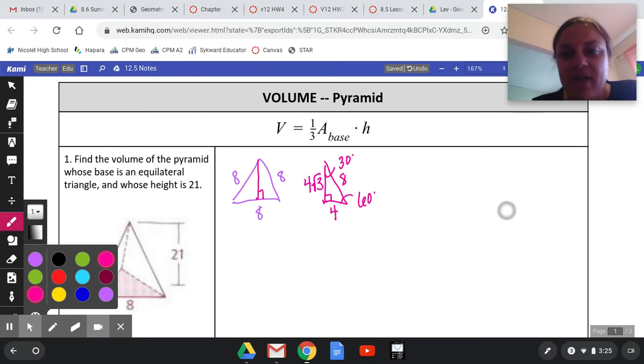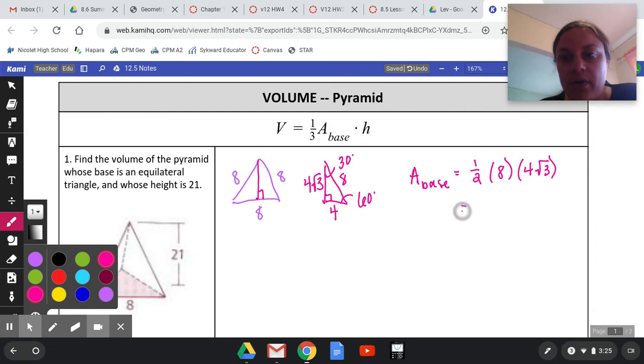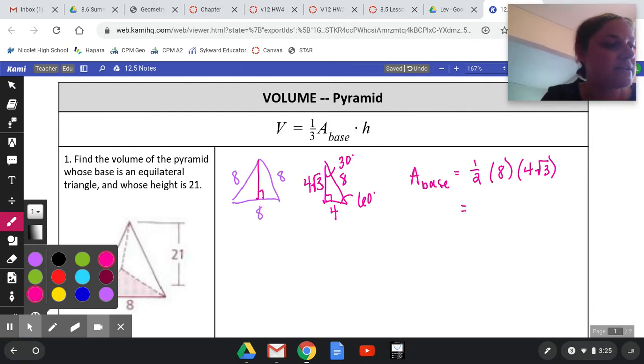So to find the area of that, I would take area of base is equal to 1/2 times the base of the full equilateral triangle, which is 8, and then the height of that equilateral triangle is 4√3. Okay, so if I want to find an area, I just multiply those things, 0.5 times 8 times 4√3.